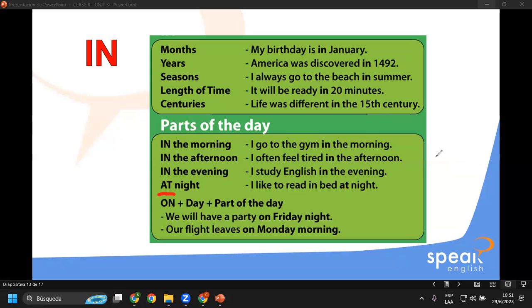Now, what happens if I say, for example, Friday night? I'm talking about night. Can I say "at Friday night"? No. On Friday, because first, what do I have first? Friday. What is the preposition that I need for days of the week? On. Exactly.